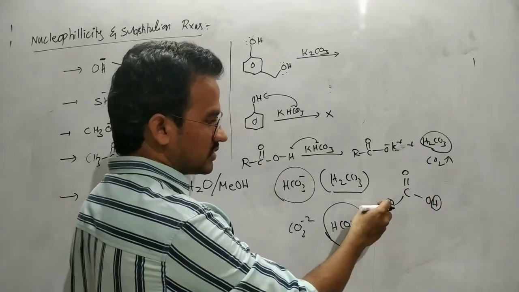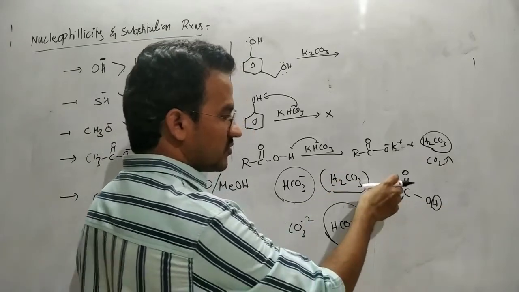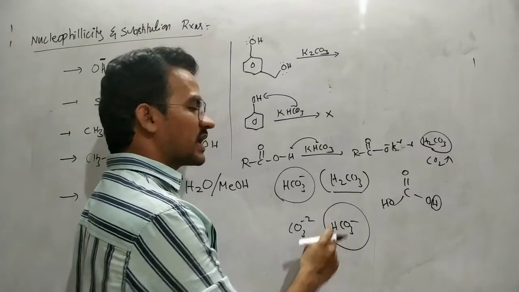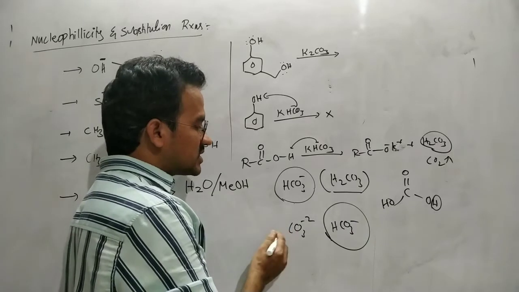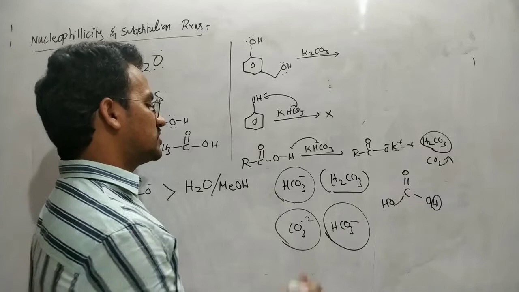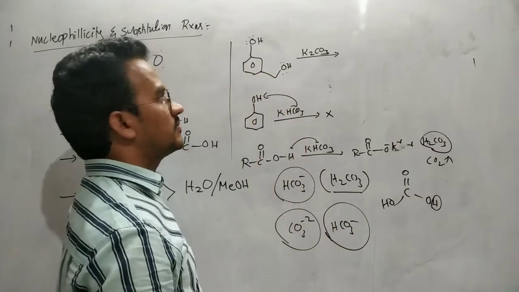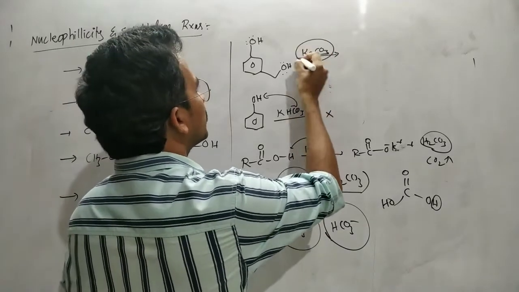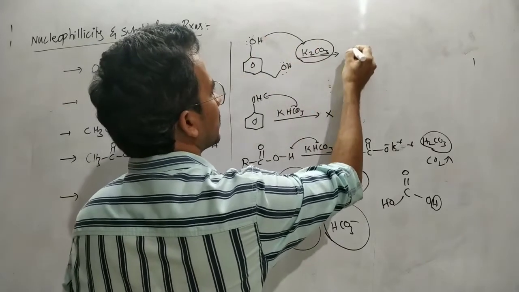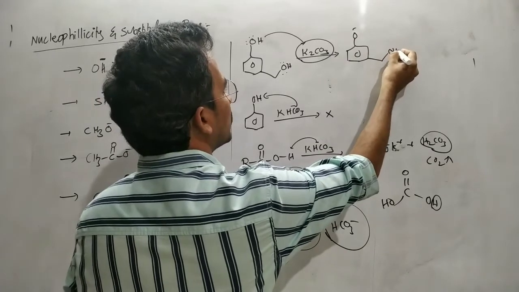The second proton has a very low Ka value and is a very less acidic proton. So HCO3 minus is a very weak acid, and that's why its conjugate base, CO3 2 minus, is a strong base. This strong base can react with the weaker acid, phenol. So the potassium carbonate, CO3 2 minus, can remove the H plus, becoming O minus, and this remains OH.